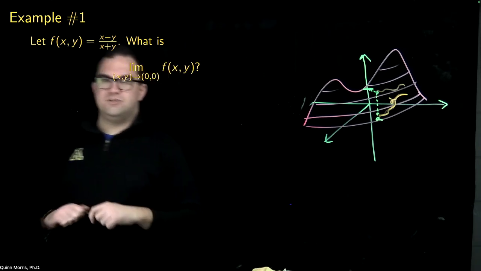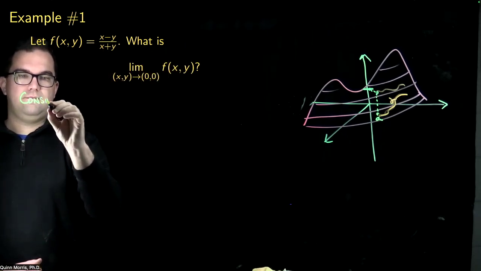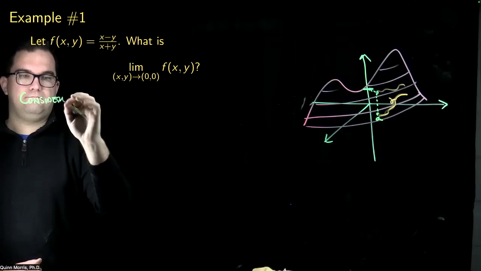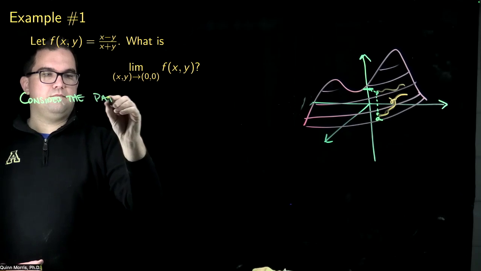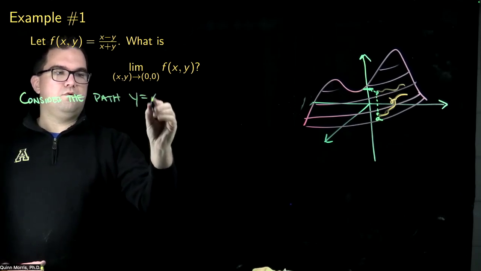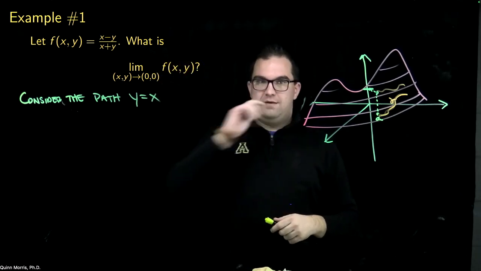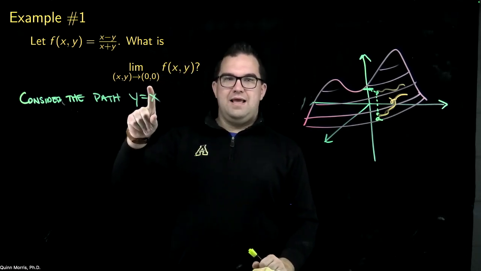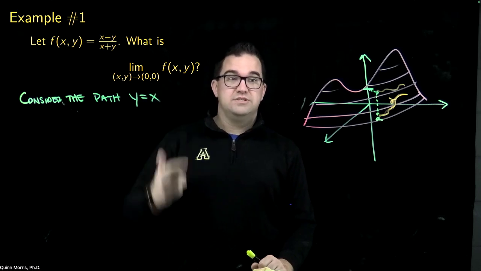So what if I just considered the path y is equal to x? Now, if I'm interested in the limit as (x, y) goes to (0, 0), I need to make sure that this is a path that passes through (0, 0).